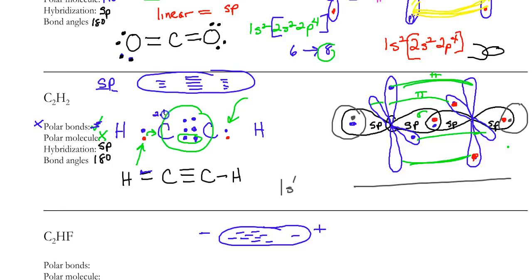Carbon's about 2.6. Hydrogen is about 2.2. So that difference is so slight that they're sharing electrons just about evenly. So we consider this to be an equal distribution of electrons, and therefore there's really no differences on one side or the other. So this clearly has no polar bonds, so no.